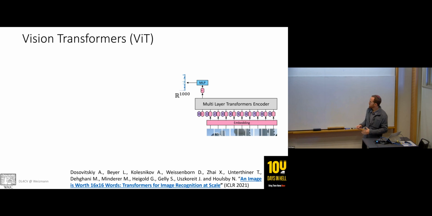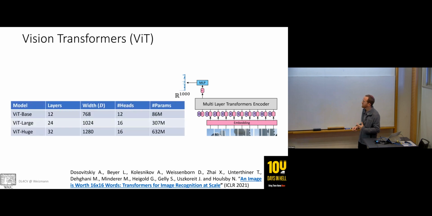So what vision transformers are out there? This is a basic architecture, and then we can decide on the number of layers we want to have in the architecture. It's the same block, but we can have as many as we want. So people go with either 12, 24, 32. The width is the dimension that we project the tokens to.